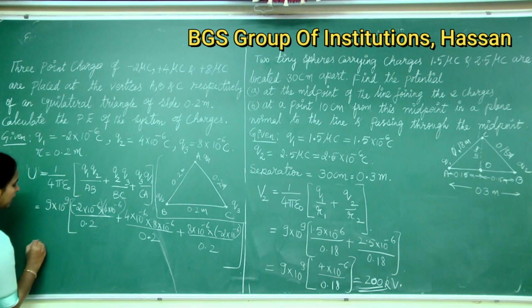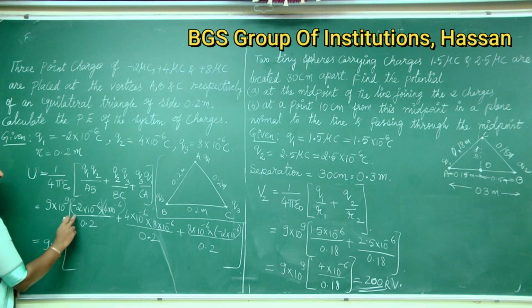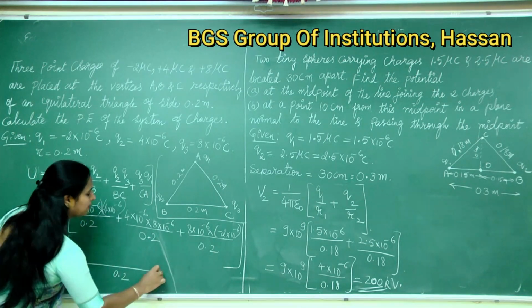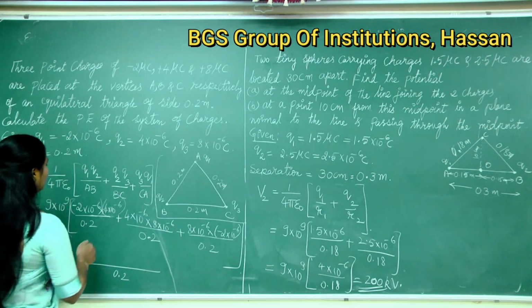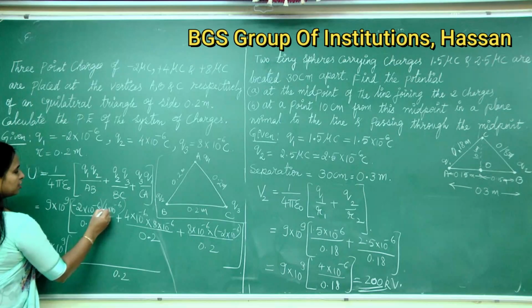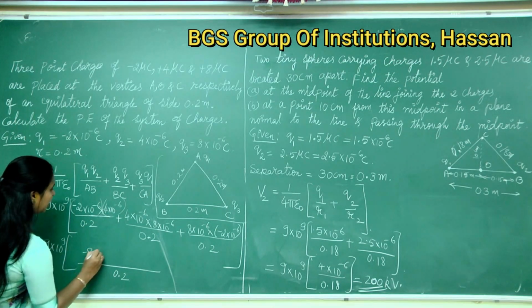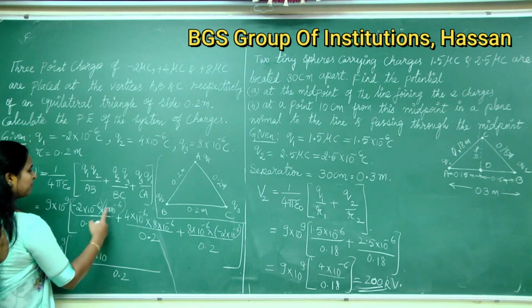Now calculate the value. 9 into 10 power 9. We have the common LCM, that is 0.2. Now calculate here. Minus, we have minus into plus is minus itself. It is 8 into 10 power. What is the value?